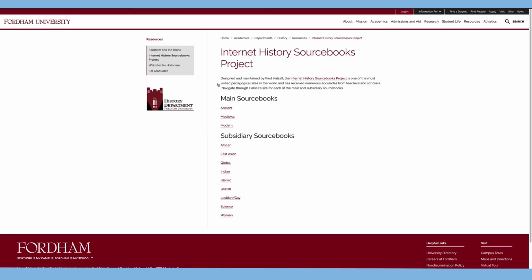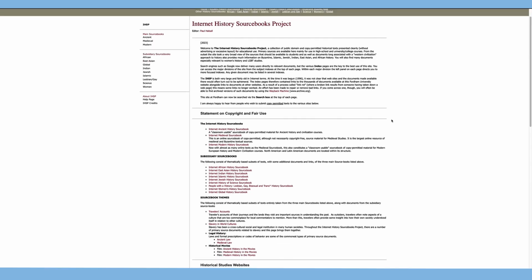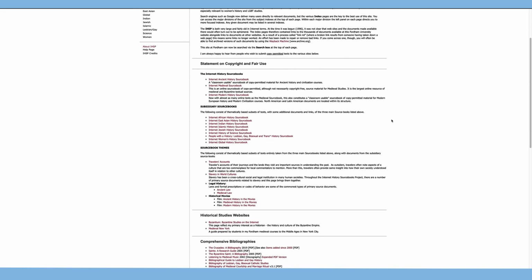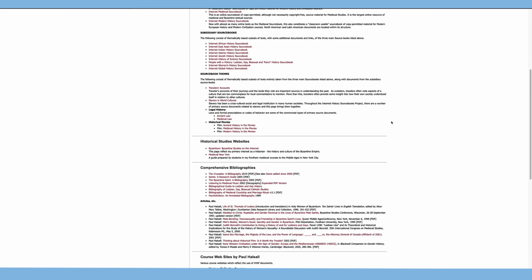But those kinds of reliable resources are available online. For world history, Fordham University has the Internet History Sourcebook. Again, multiple representations of events and issues from multiple perspectives around the world and from multiple times of history. Those kinds of reliable online resources take you well beyond the textbook, and those are important.